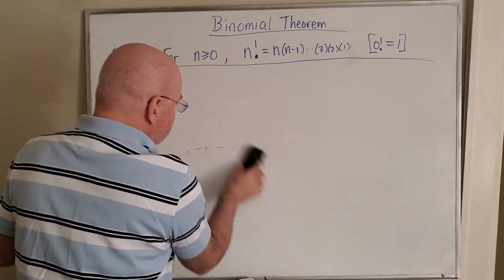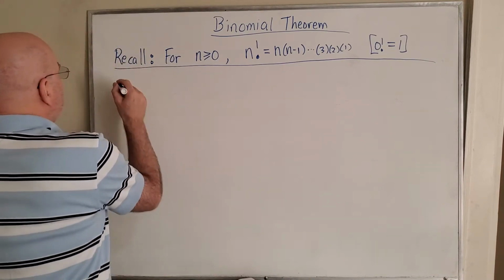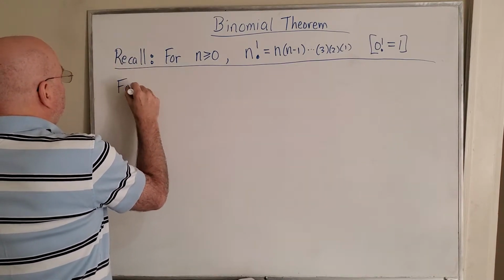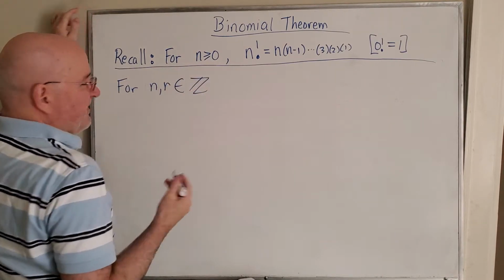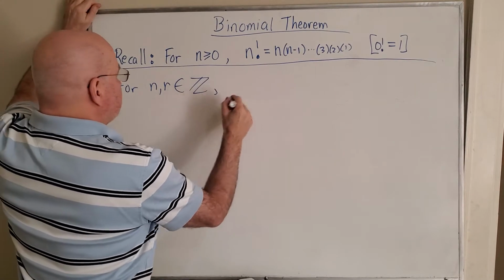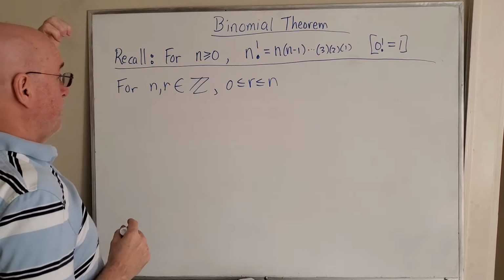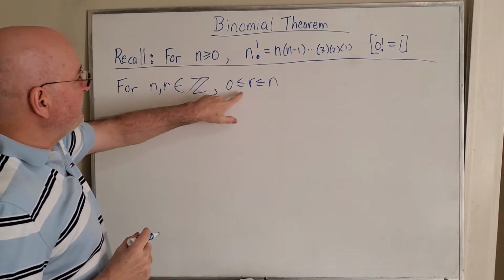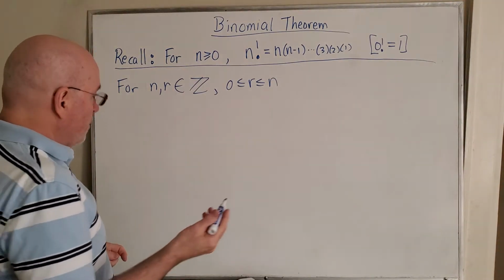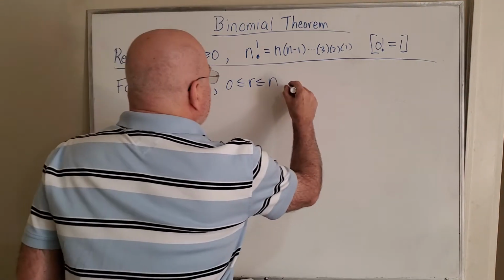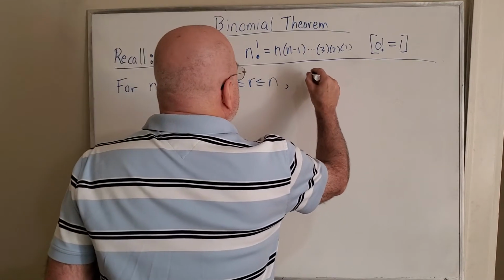And this is where we come into the binomial coefficient. N and R being integers, and they're not going to be negative. R is at least 0, and N is at least as big as R. So first, let's define the terminology.